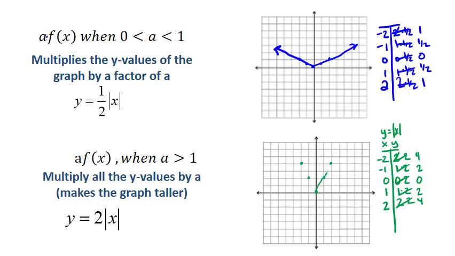Take a look at how this graph looks now. It looks skinnier than our parent function. The graph grew taller. There's a couple of ways you might want to describe it. Taller, skinnier, but most importantly is we want to go back to the fact, is it a compression or a stretch? So it's going to take a little while to learn those words.